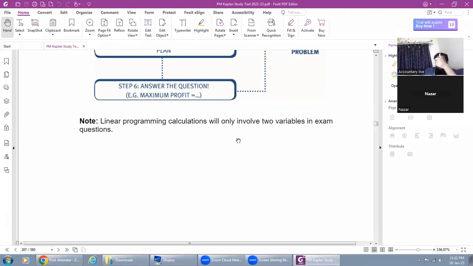Actually, throughput accounting is a different concept because it only assumes labor cost or material cost, one variable. Direct material only. So throughput accounting assumes only the material part.